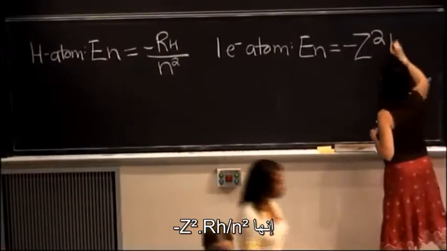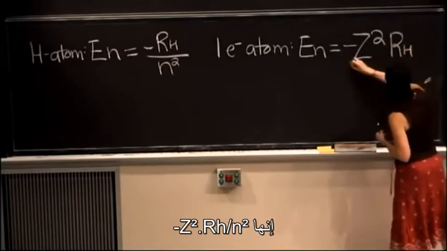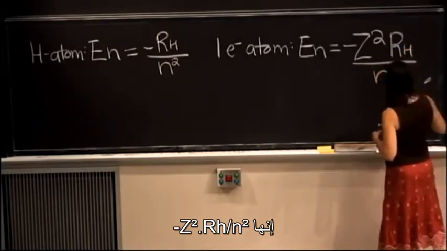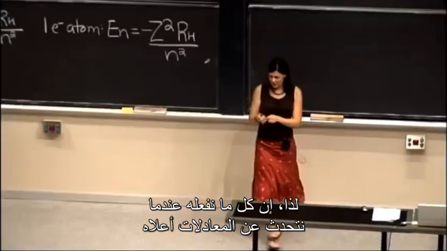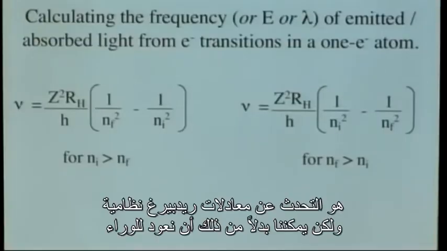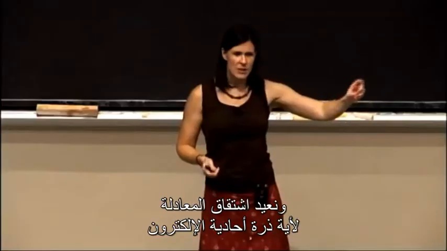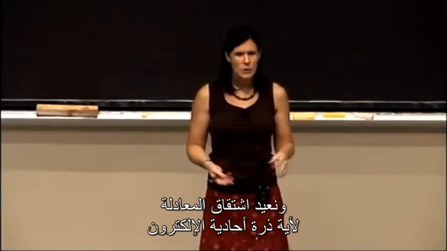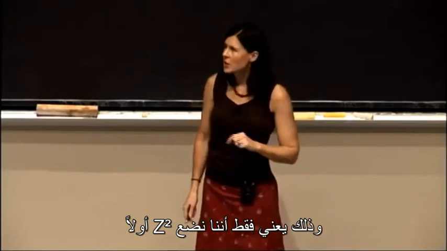So it's negative z squared times the Rydberg constant all over n squared. So essentially, when we're talking about these equations up here, all we're doing is talking about the regular Rydberg formulas, but instead we could go back and rederive the equation for any one electron atom, which would just mean that we put that z squared term in the front.